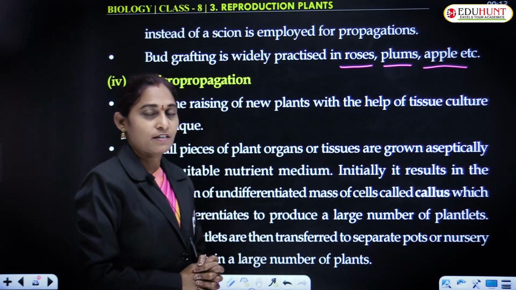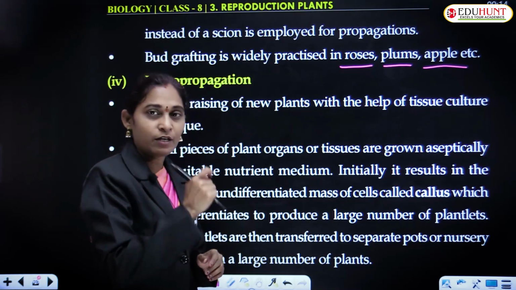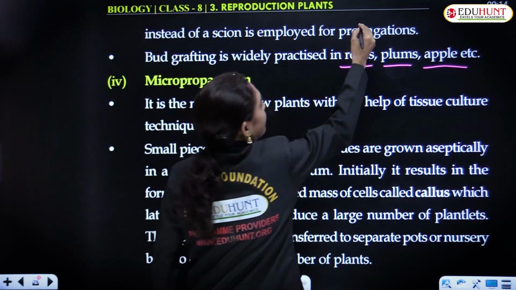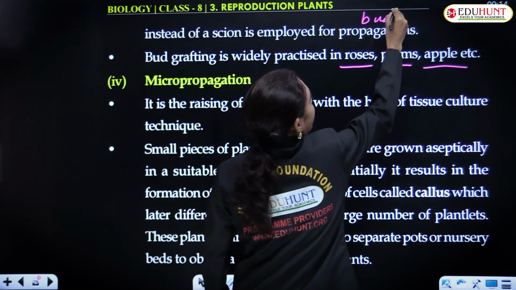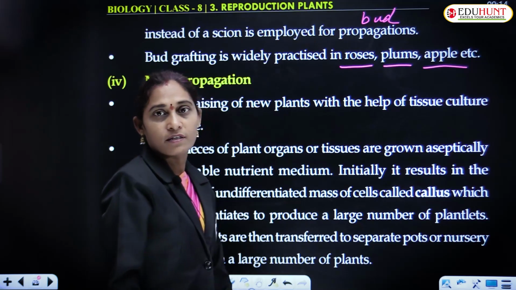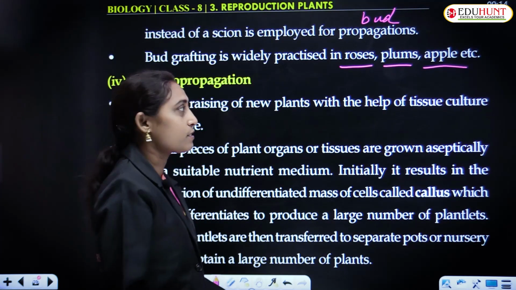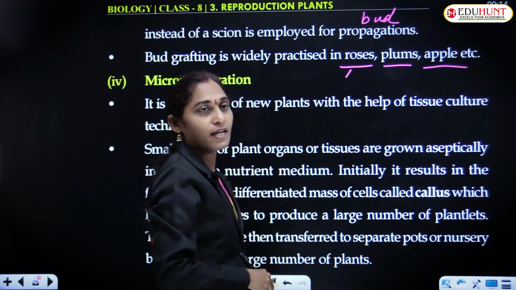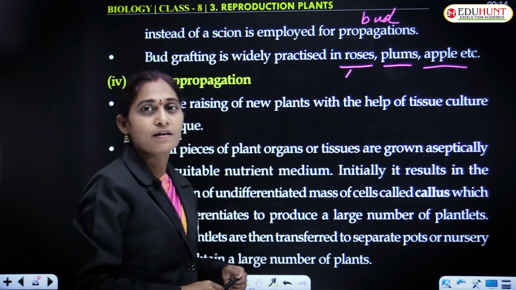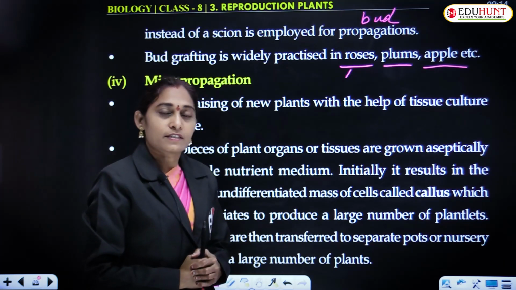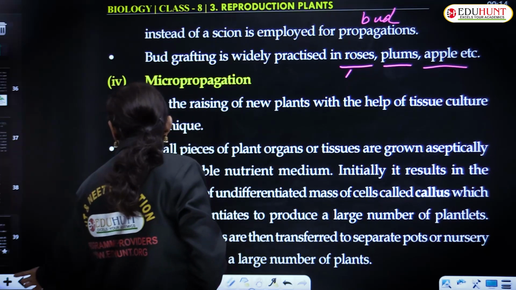The main portion in bud grafting is the bud. It is preferred in roses and also plums and apples. Rose is an ornamental example and plums and apples are fruit trees. These are the grafting techniques.